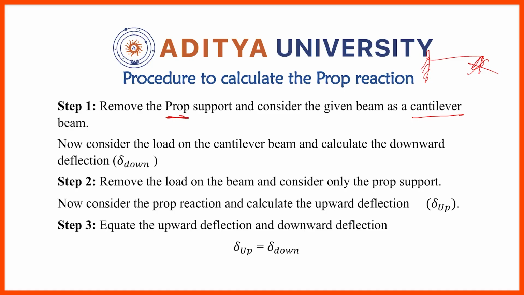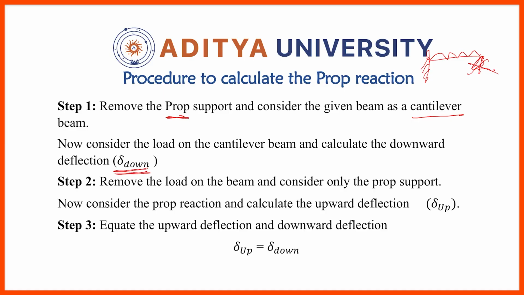Still we are in step 1 only. After removing the prop support, I am going to consider whatever load is on the beam, either a UDL or a point load, whatever it is. Keeping that load acting on the structure, I am going to calculate the downward deflection.